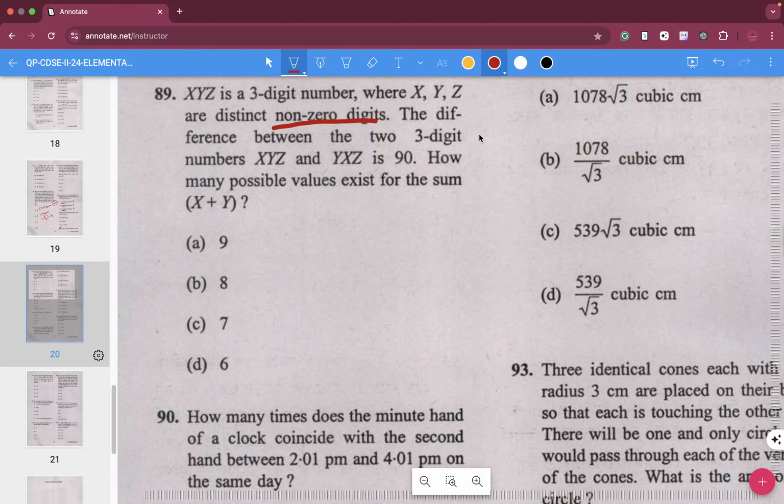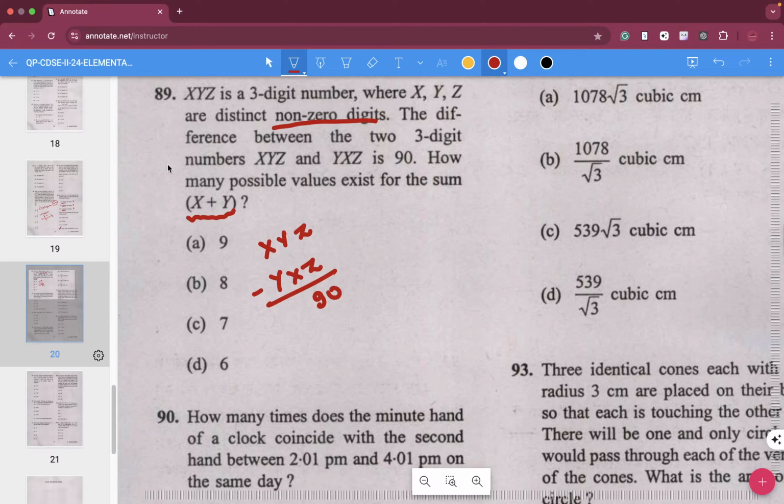The difference between the two 3-digit numbers, XYZ and YXZ, is going to be 90. Then how many different values of X plus Y are possible is what they are asking.